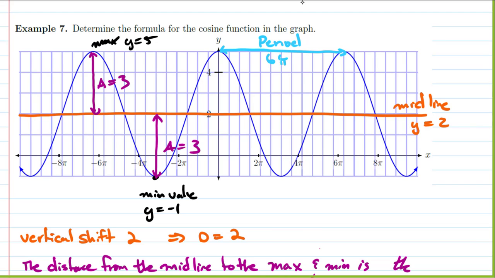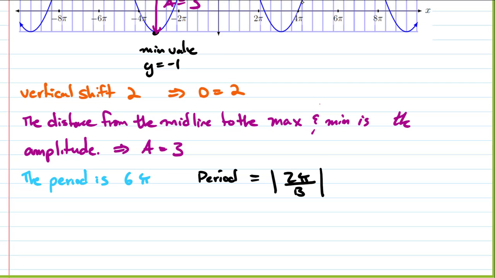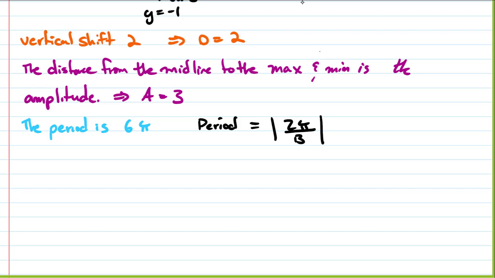So our period for this graph is 6 pi. And we know the formula for the period is the following. So our period is equal to 2 pi divided by b. So that gives us 6 pi is equal to 2 pi divided by b.